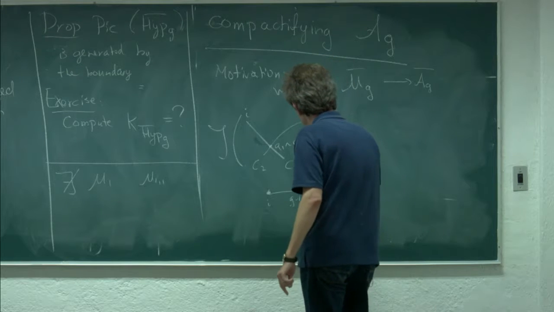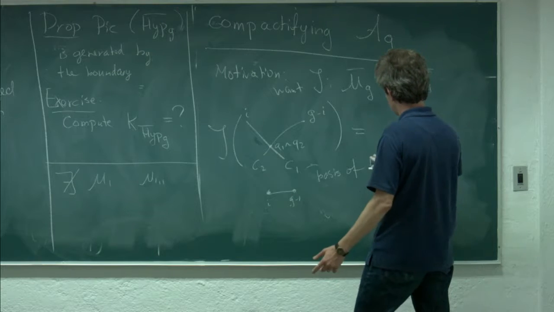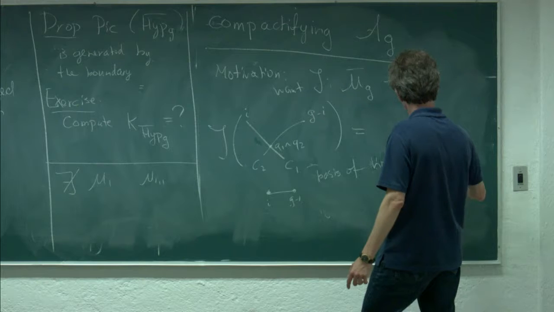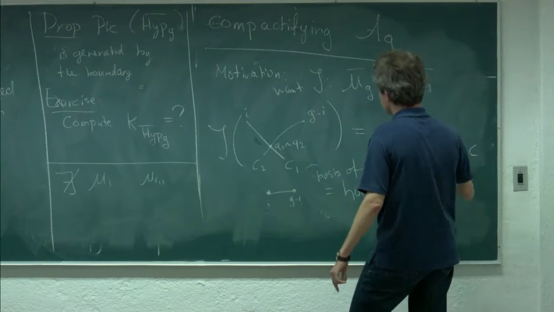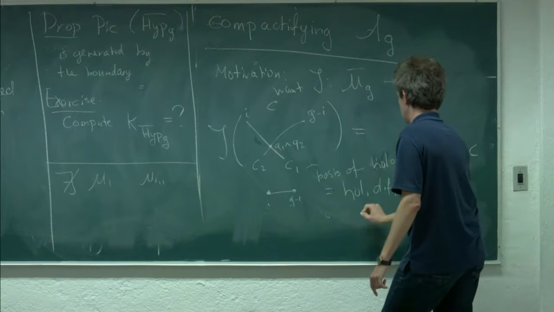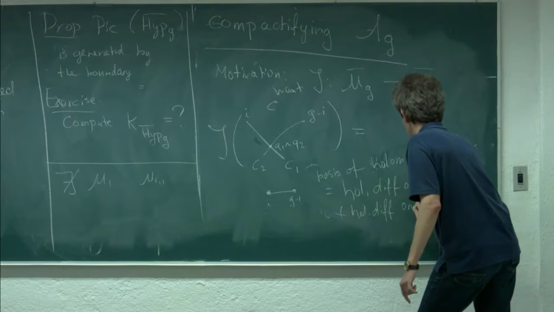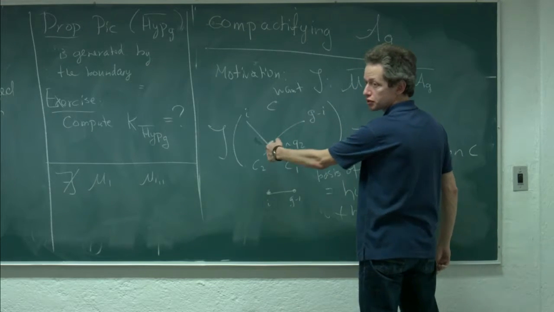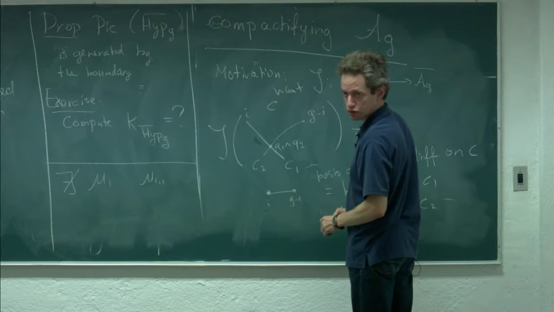So a basis of H^0 of holomorphic differentials on C are holomorphic differentials on C1 plus holomorphic differentials on C2. And there are i of them here, and there are g minus i of them here. And this definitely should be holomorphic differentials on the total space.